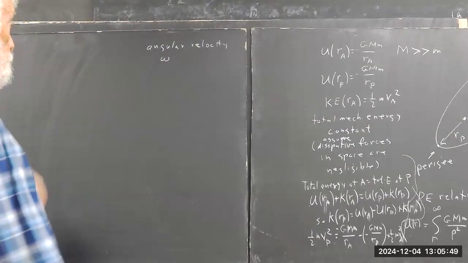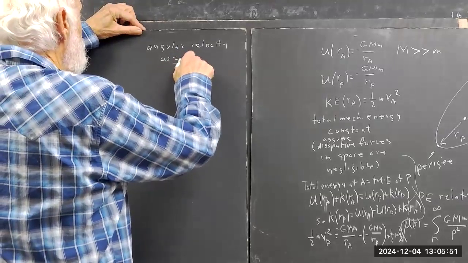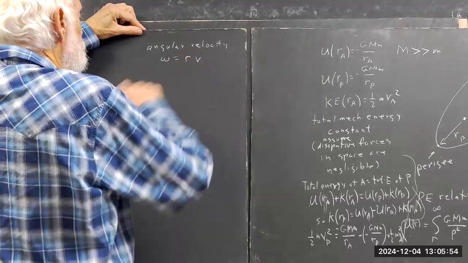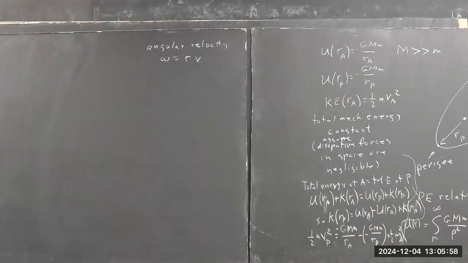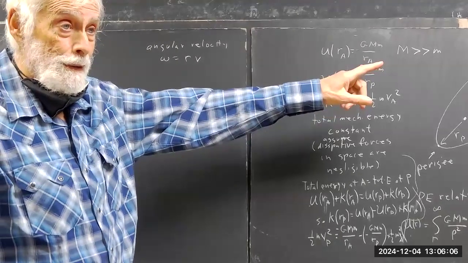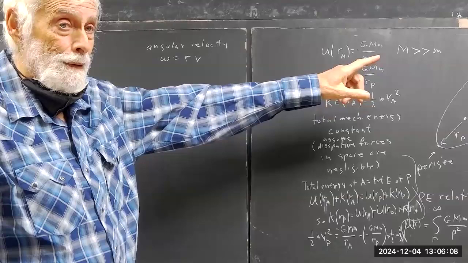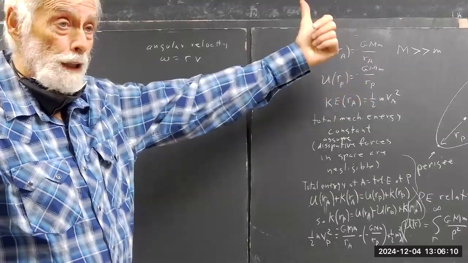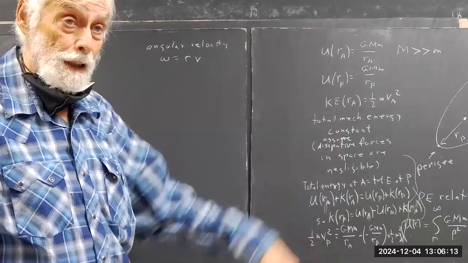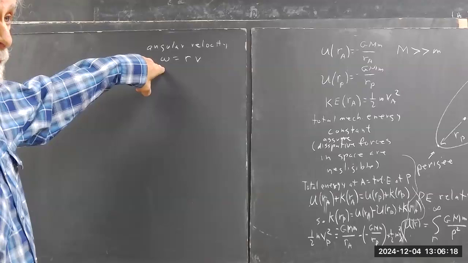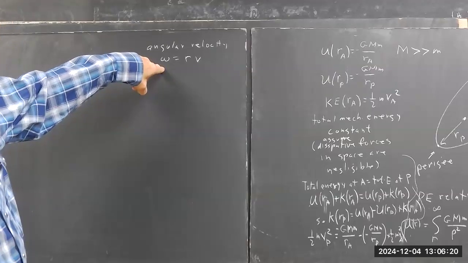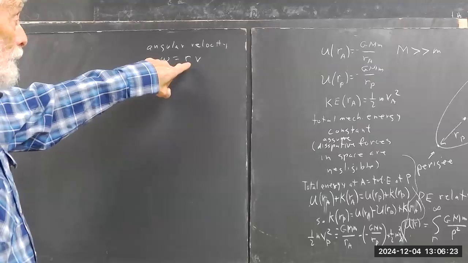Which equals r times v. Is that right? Because the further you are, the more your velocity counts, and the more velocity you got. Also, definition of radian, that's in radians per second.